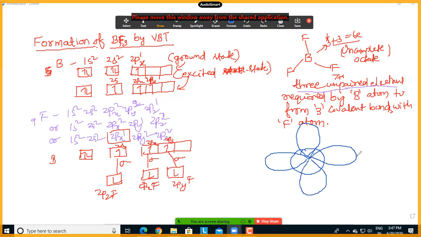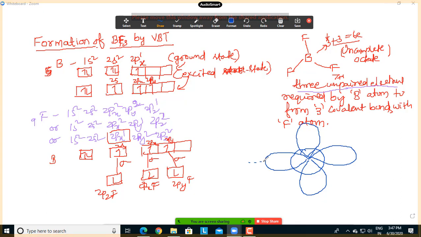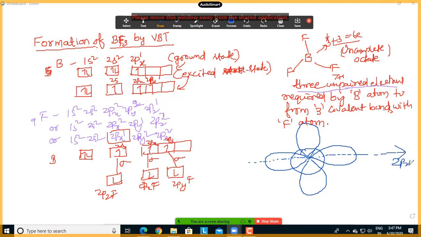This is 2py. So this is 2px. This is 2py. This is boron.